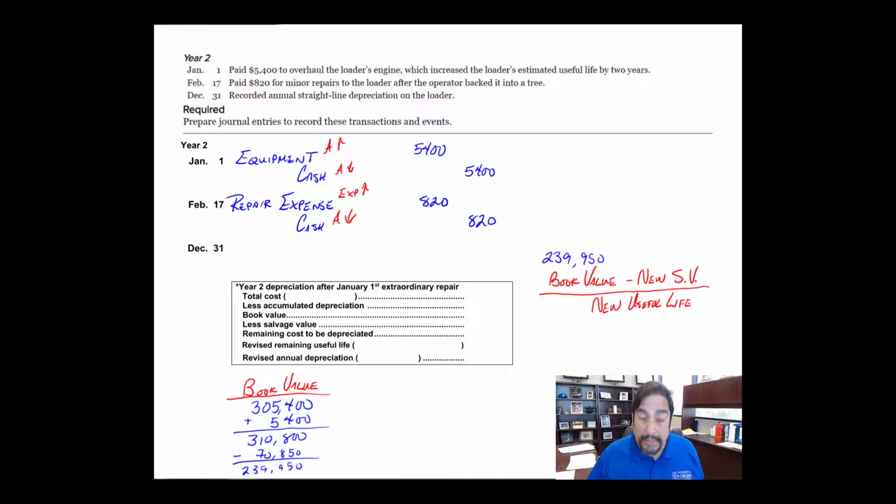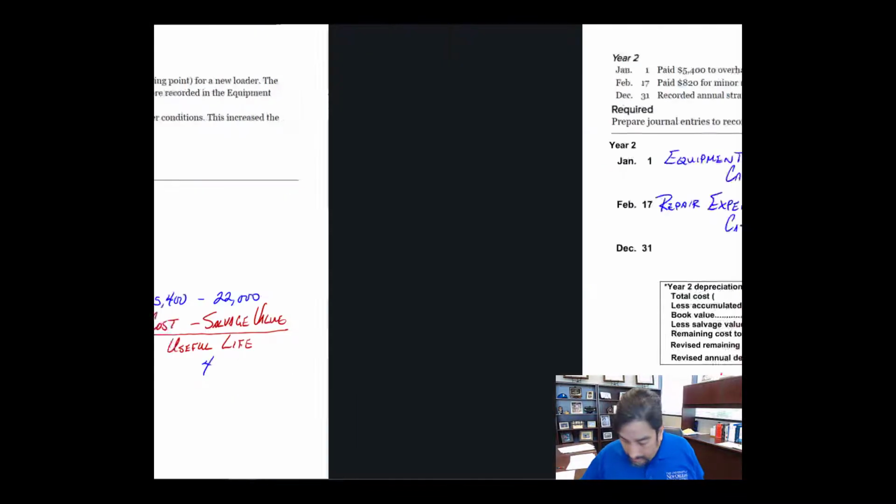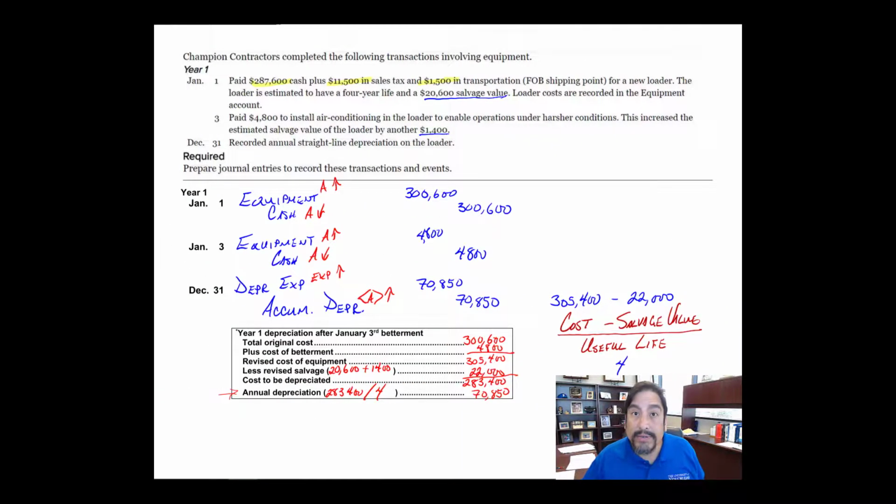Salvage value remains the same because on January 1st, when we overhauled it, it didn't say it changed anything about the salvage value. So the salvage value remains $22,000.